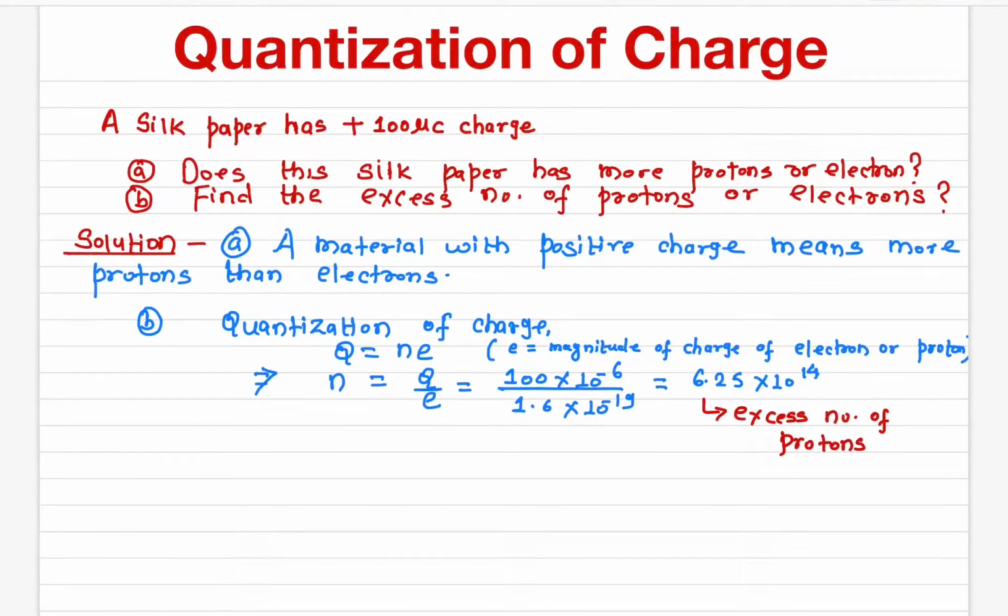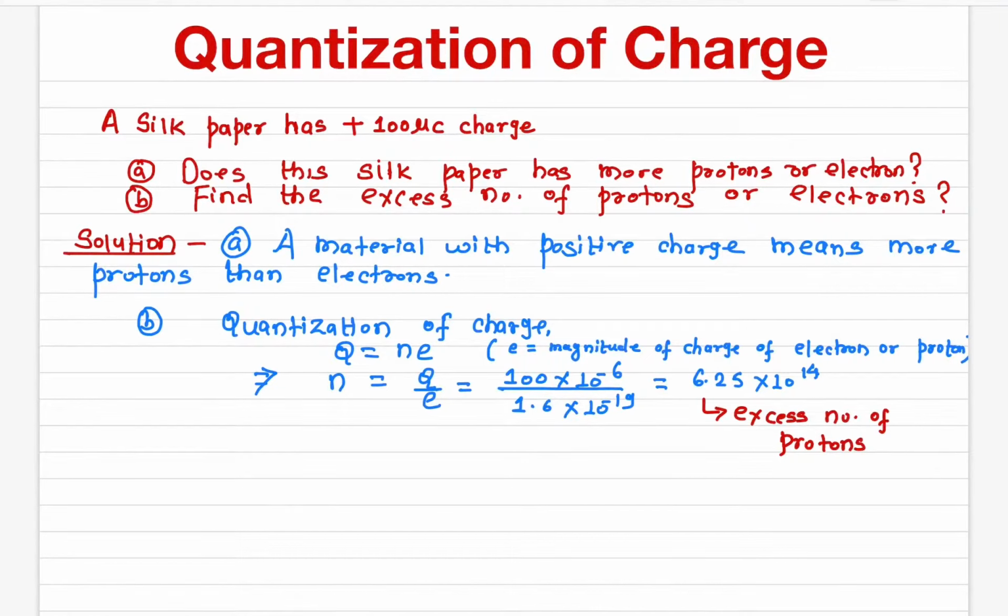In this problem, I'll talk about the quantization of charge. Charge in any object is always quantized. What does that mean? It means that charge can take only integral multiples of the charge of an electron or the charge of a proton.